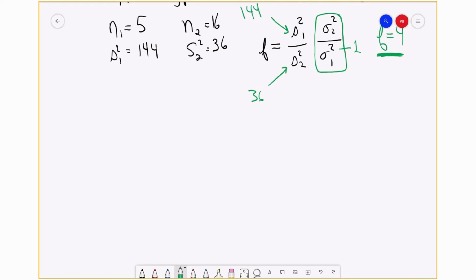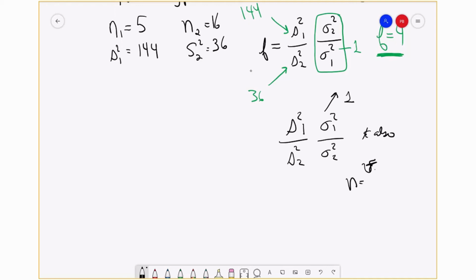But if we considered all possible values of S squared 1 over S squared 2, sigma squared 1 over sigma squared 2, where this was equal to 1, and also N1 was equal to 5, N2 was equal to 16.